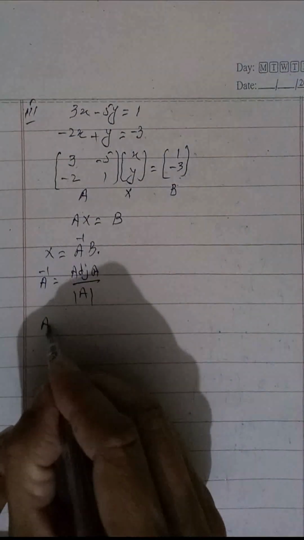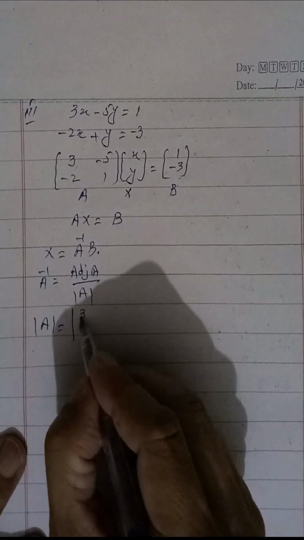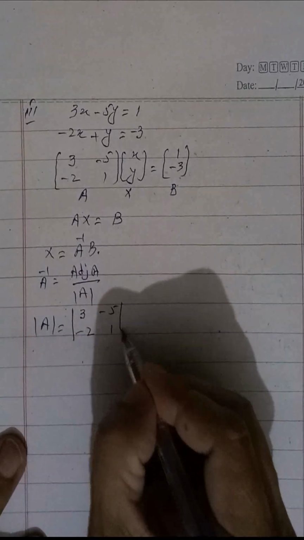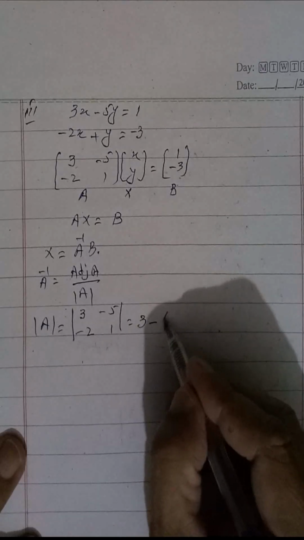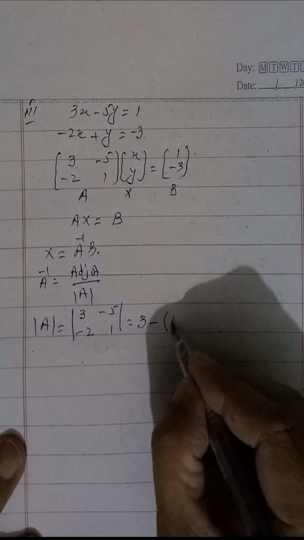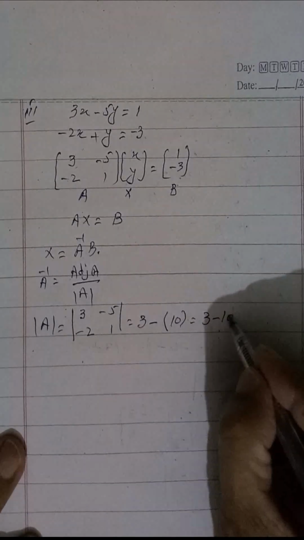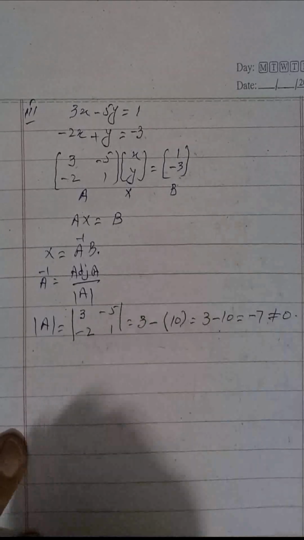A determinant is equal to |[3, -5], [-2, 1]|. 3 ones are 3, minus 2 multiplied by -5 is equal to plus 10, so 3 minus 10 is equal to -7, which is not equal to 0.